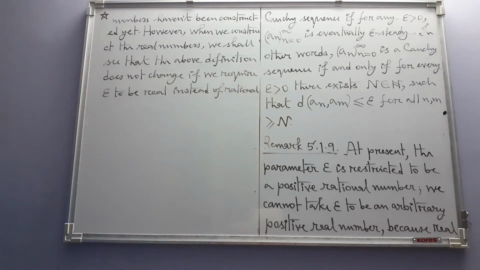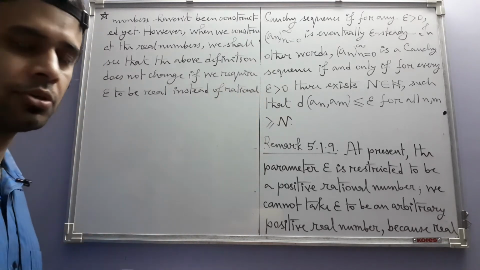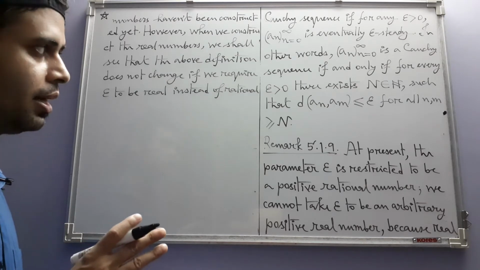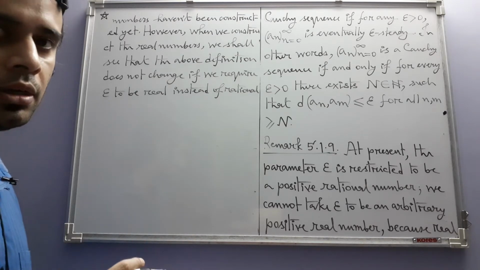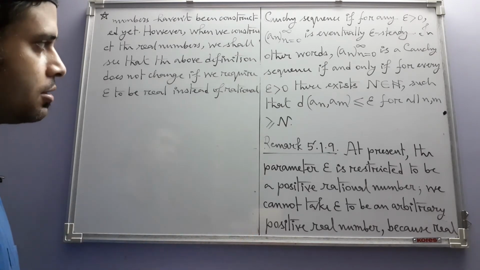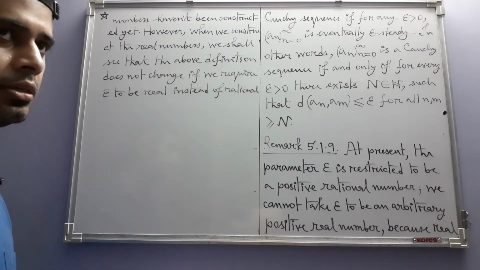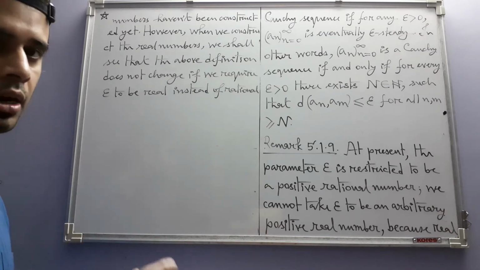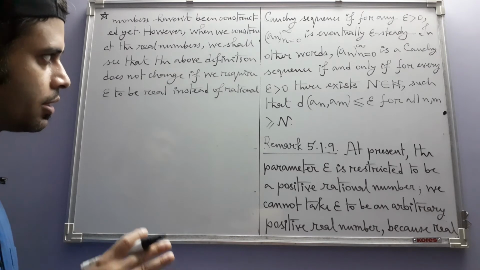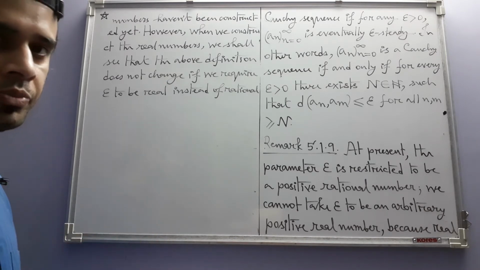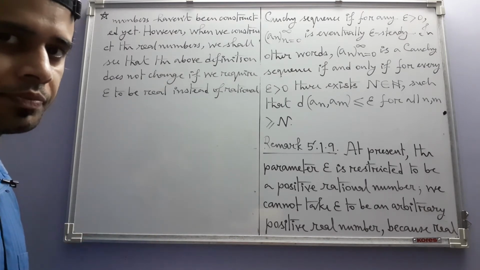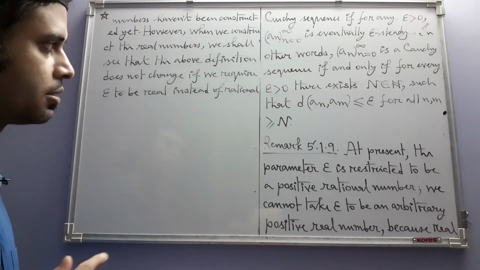The thing is that the definition of Cauchy sequence that we have given for a sequence of rational numbers, a similar definition is there for a sequence of real numbers. After we construct the real numbers, we are going to define that thing, a Cauchy sequence of real numbers.